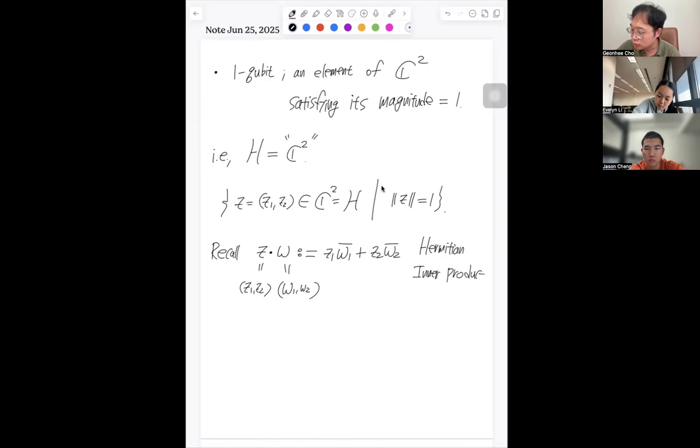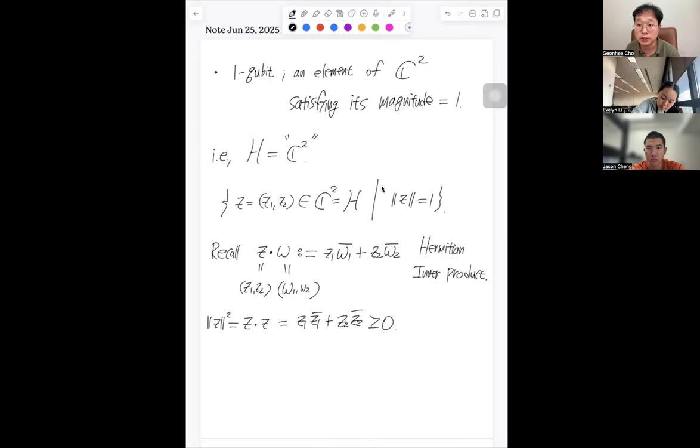The reason to put the complex conjugate on the second component is, if we put the same z and z, then you can easily see that c1 c1 bar plus c2 c2 bar makes this always greater than or equal to zero. So this is the way that we can define the concept of squared magnitude.